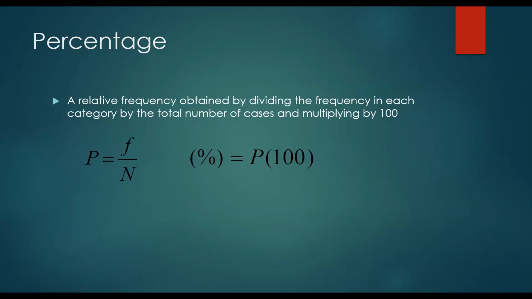That's less meaningful than if I said 27% of those who are non-US born immigrants came from Mexico. It's a simpler way to describe the data at that point. So a percentage is the relative frequency obtained by dividing the frequency in each category by the total number of cases and then multiplying it by 100.